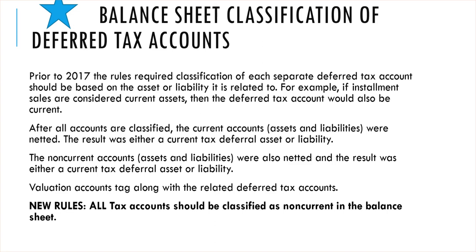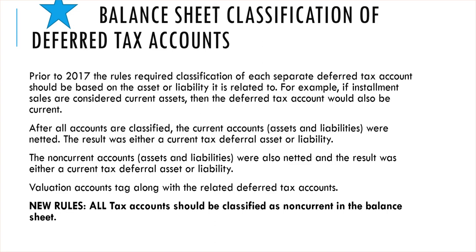Prior to 2017, they asked us to go through every one of our deferred tax accounts and figure out how much of it's current, how much of it's non-current, or figure out is this related to a current asset or a current liability, and if it was, you call the whole thing a current account.